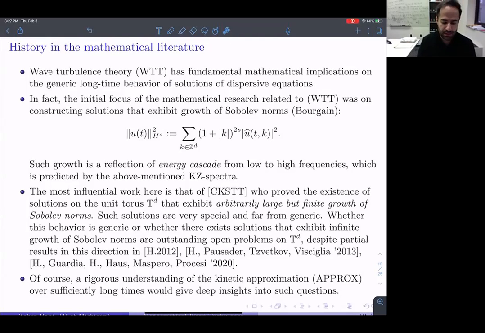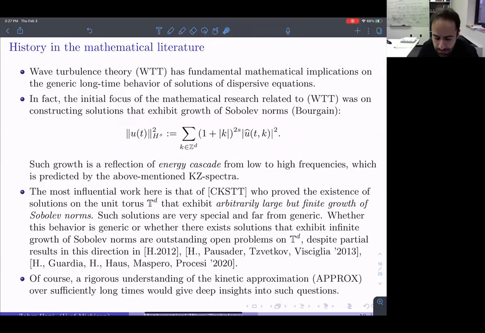This is the H^s norm. The key feature of this Sobolev norm is that it penalizes high frequencies much more than it penalizes low frequencies. So wave turbulence theory predicts that the energy of the solution will move from low frequencies towards high frequencies, and in the process, this Sobolev norm should increase.